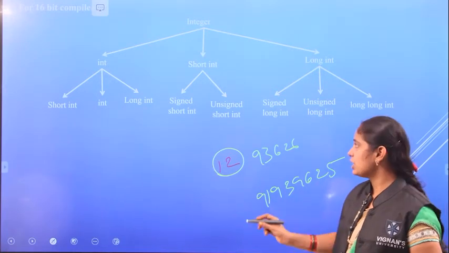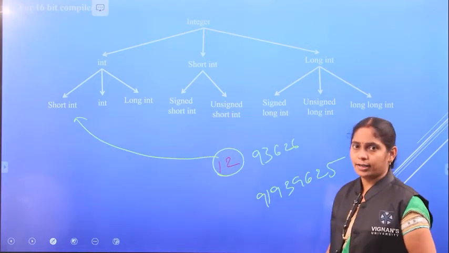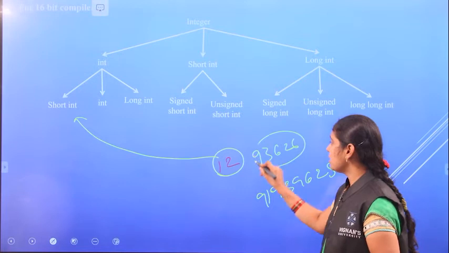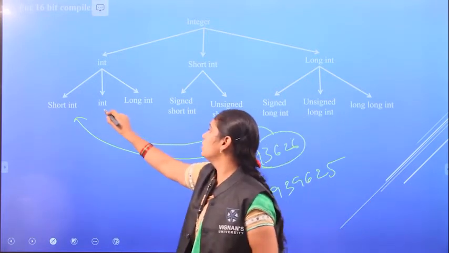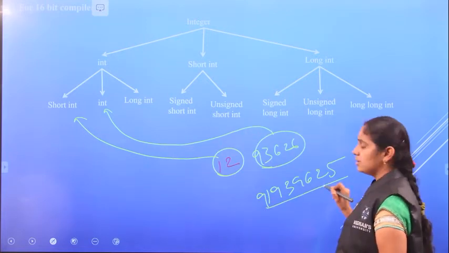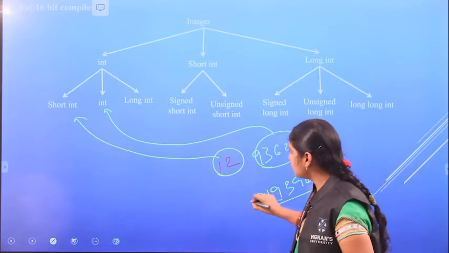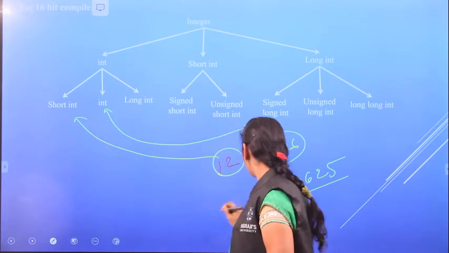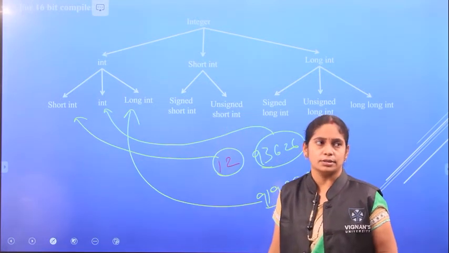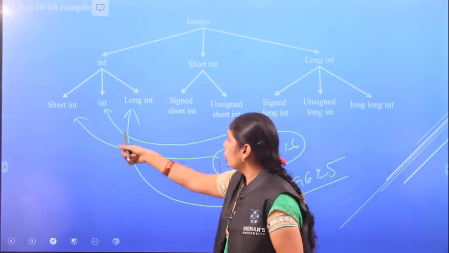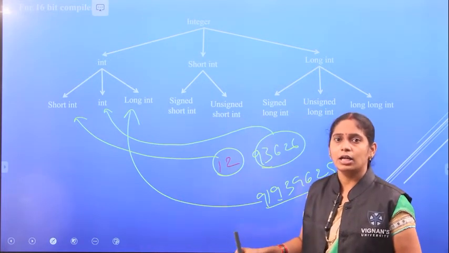In such cases, short int is sufficient to store. And if a value needs more bits than that, then we move to the next. See how big this number is, such a big number. In these cases, we'll move to long int. Okay? So these are the different forms: int, short int, and long int.